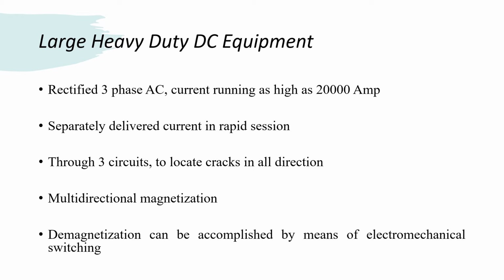Such high currents are needed to magnetize at one time an entire casting, which may weigh many tons. Another feature of this unit is that it delivers currents separately and in rapid succession through three circuits.